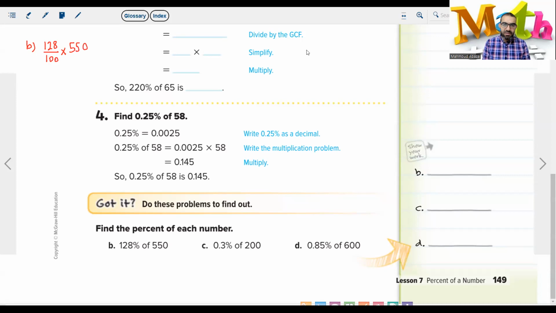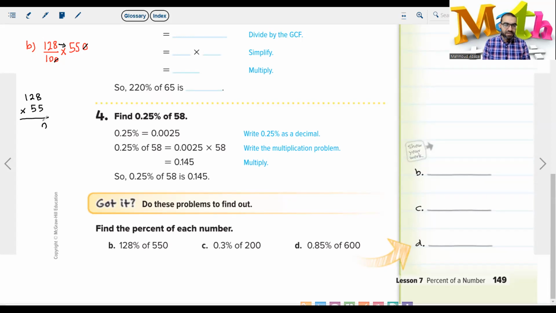We can cancel 0 up with 0 down. This will make the problem easier. And now we can multiply 128 multiplied by 55. So 55 multiplied by 128.